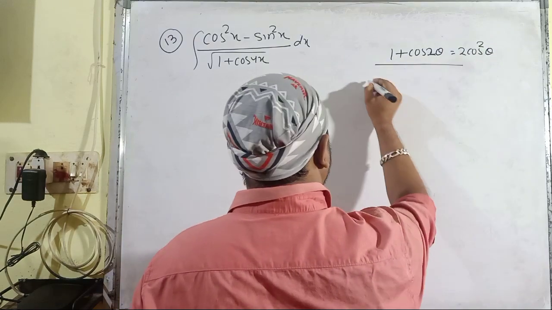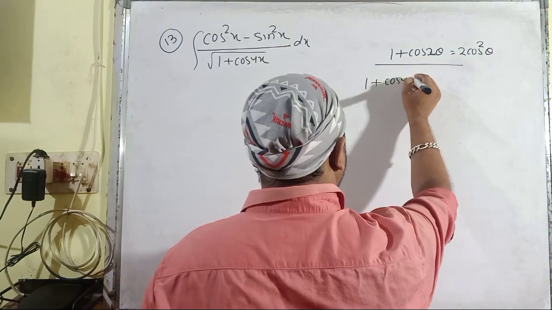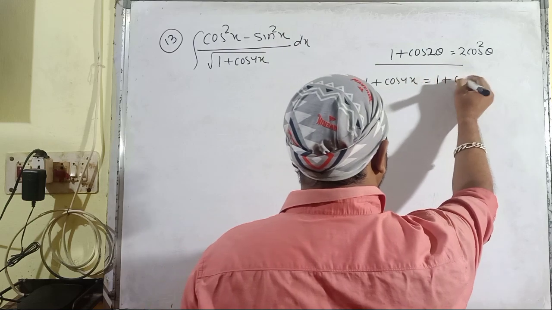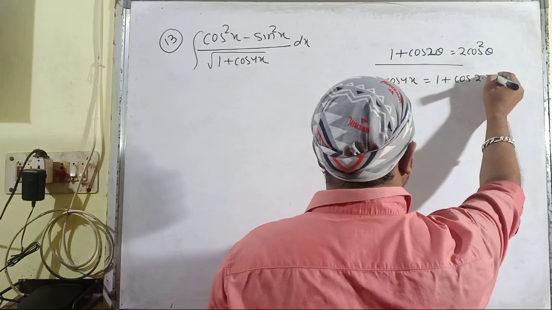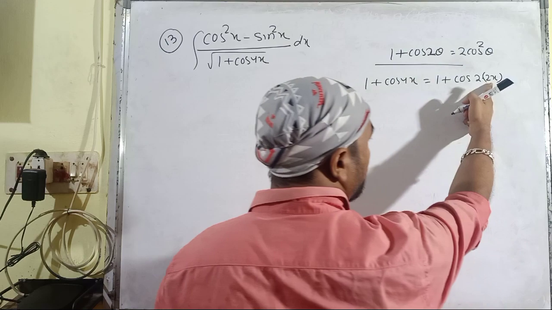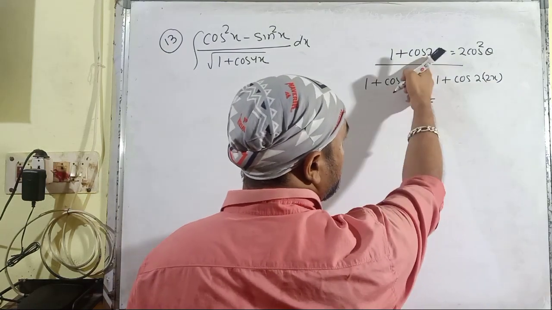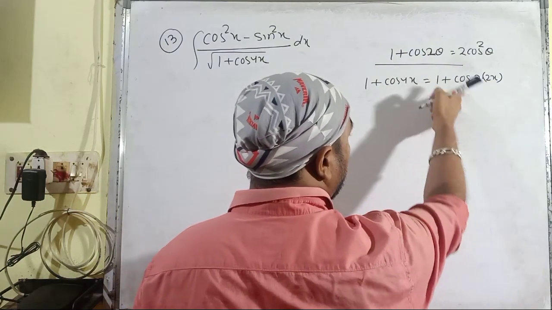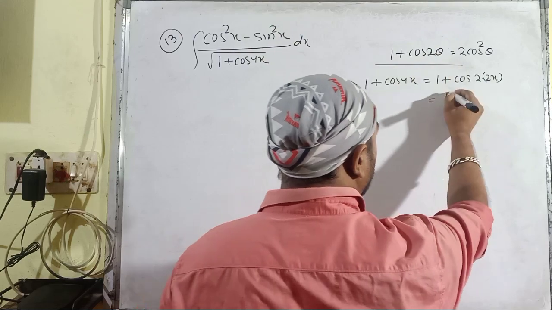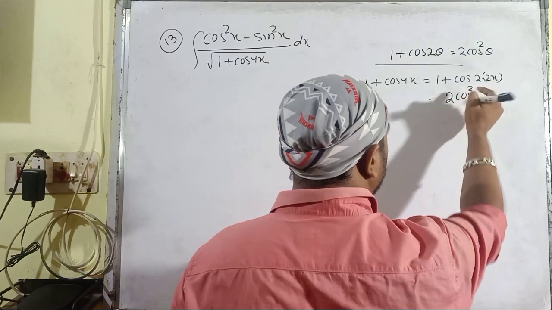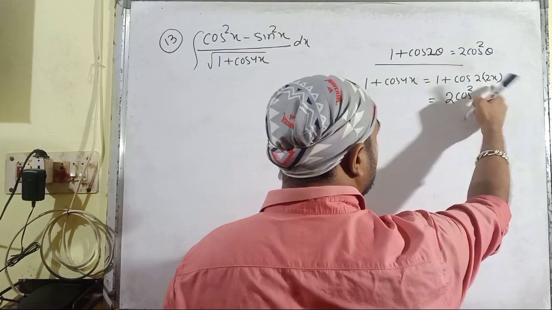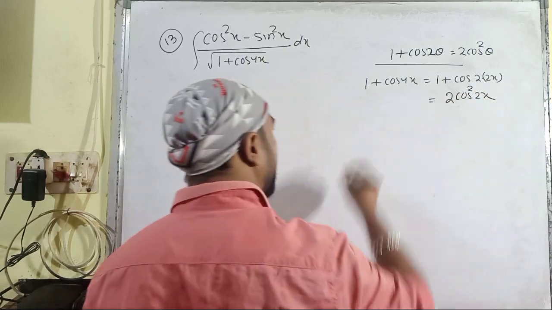Similarly, 1 plus cos 4x is equal to 1 plus cos 2 into 2x, and here theta is equal to 2x. So by comparing with this formula, it will be 2 cos square theta, but in place of theta here it is 2x, so 2 cos square 2x.